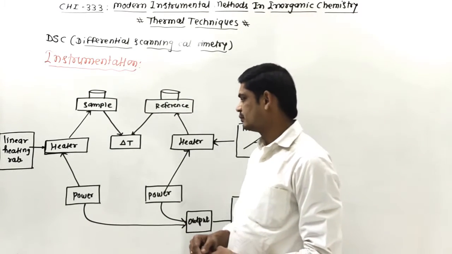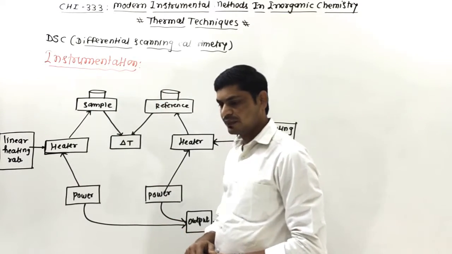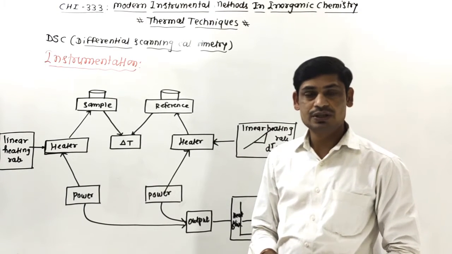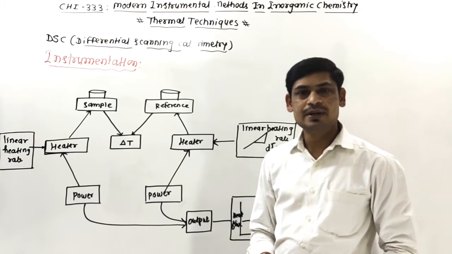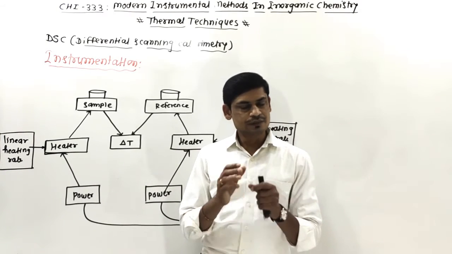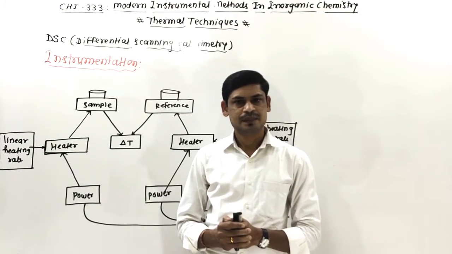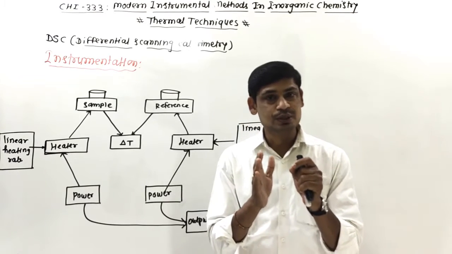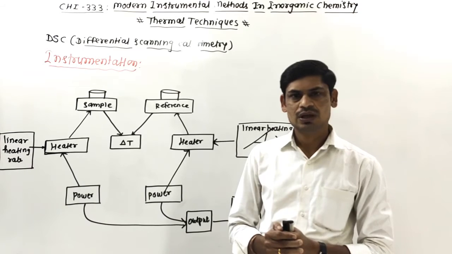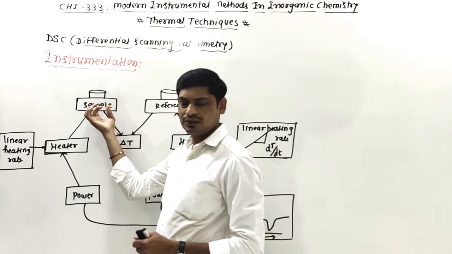When we provide a heat to the sample, due to the heat energy or temperature, some physical and chemical changes takes place in the sample. These physical transformation or the chemical transformation is either exothermic or endothermic, and therefore the heat is utilized to perform a certain work in the sample.